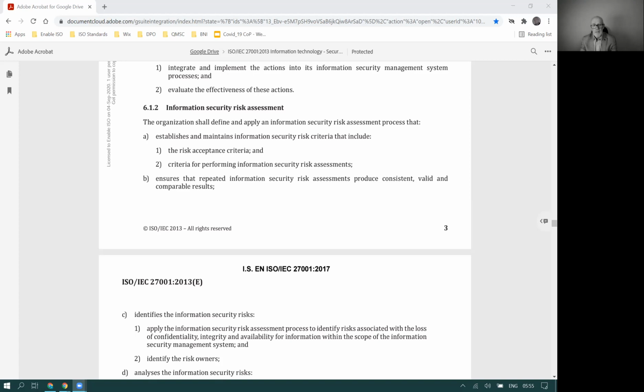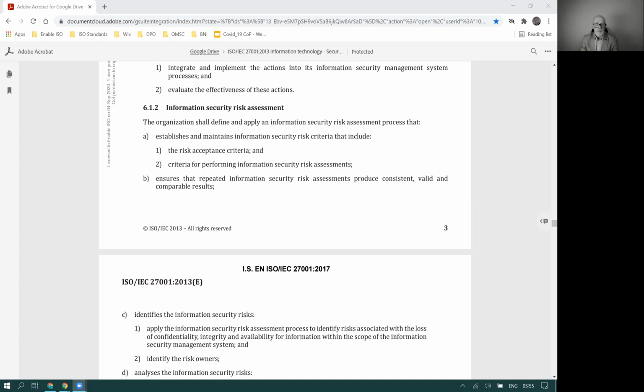I think what an auditor is going to be looking for here is that it is then applied, and in particular, when we go back to clause 6.1.1, it asks us to draw in those issues from the contextual issues register of clause 4.1 and assess them and have established risk acceptance criteria.